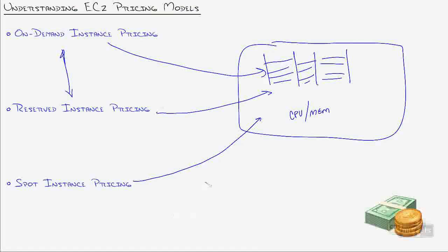So your bid comes in, 0.25 for a double extra large. I feel like I'm ordering a hamburger for some reason. My order comes in for a double extra large, 25 cents. If nobody else has outbid me, I get it. Meaning, my instance starts up, it starts processing, life is good.